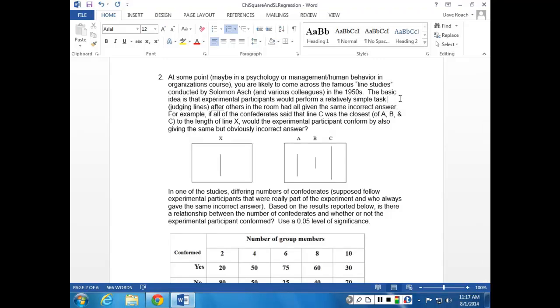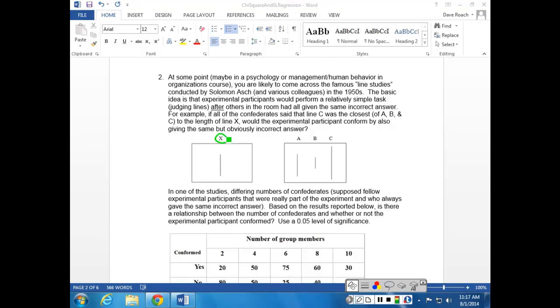These are actually some famous studies done in the 1950s by a guy by the name of Solomon Asch. What he would do is present people with a line here, X, and then ask them which of these 3 lines is closest to X in length. And of course it's A, and anybody can tell that.